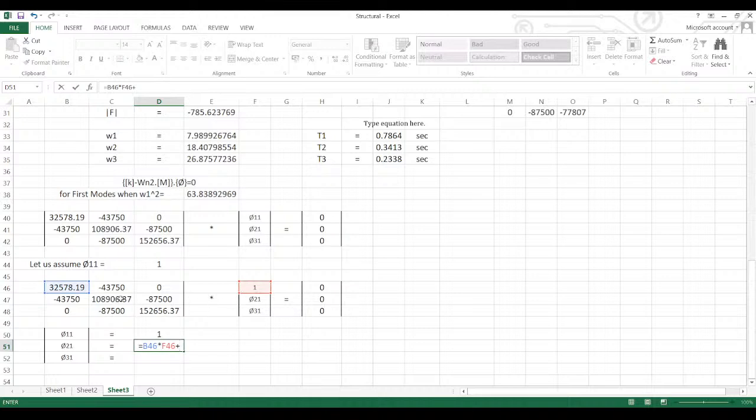But we have not put this; this will go to the other side, there will be a change, plus this into this.